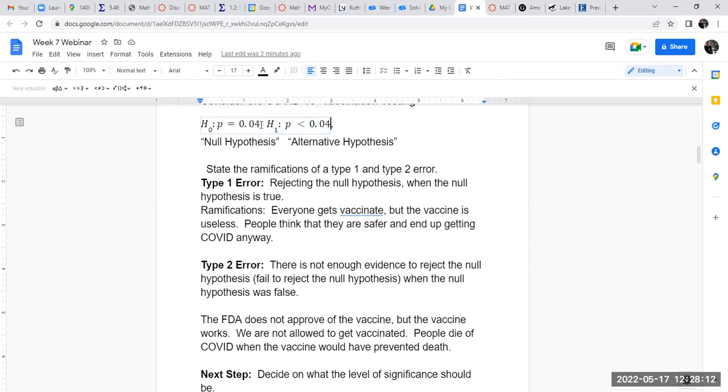You never accept H0, it turns out. You never accept P equals 0.04, because the idea is you can't know exactly 0.04. It might be, say, 0.039999, right? Really close to 0.04, but may not have been exactly, and you're not going to be able to detect that in any sample. Does that make sense?